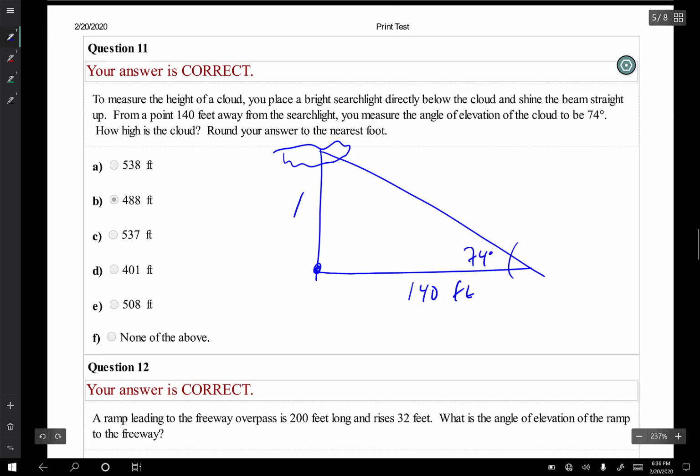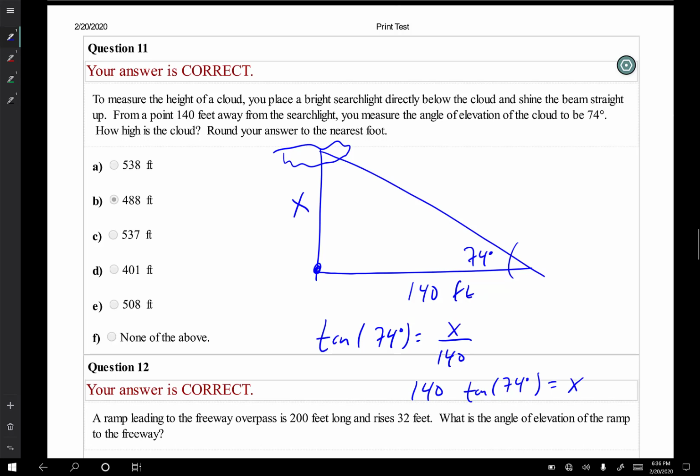So I want x. With respect to 74 degrees, that x is opposite. That 140 is adjacent, so we're going to use tan. Tan of 74 degrees equals opposite over adjacent. So 140 tan of 74 degrees will give us that x value. We just type that in, guys: 140 times tan of 74.